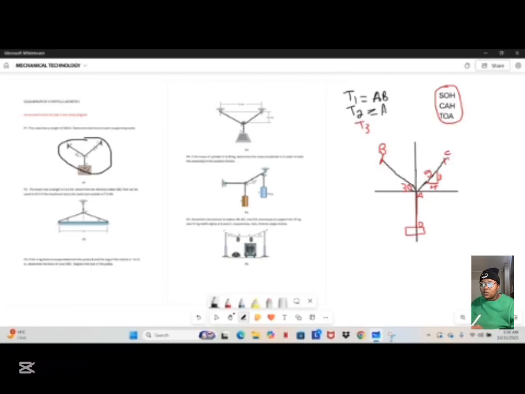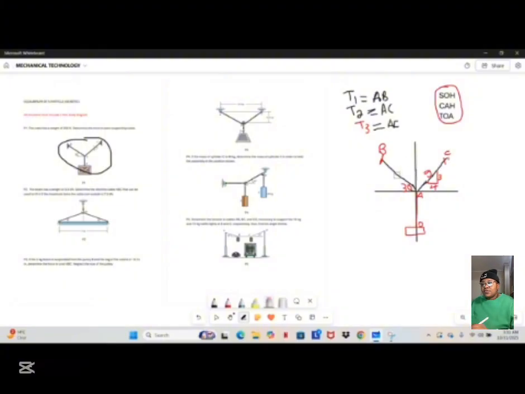T2 is equal to AC. T3 is AD, which we're actually not looking for, but it's going to be useful somewhere. Now is the time to apply the rules.